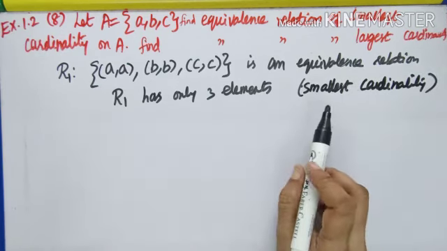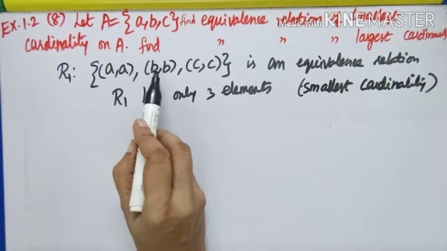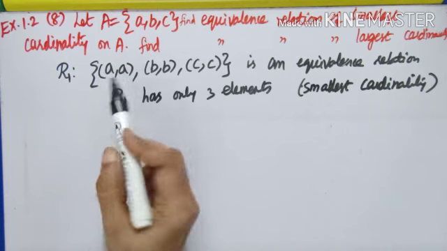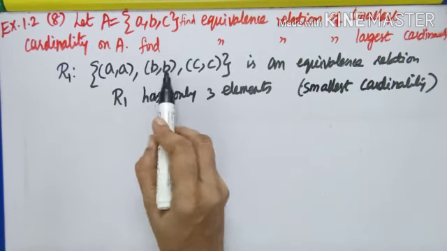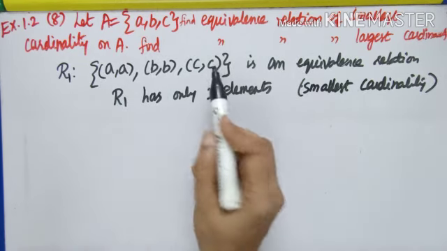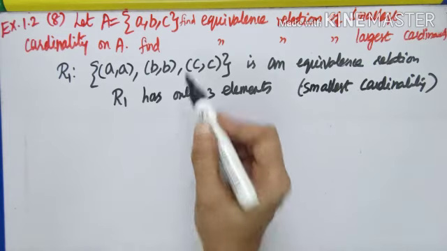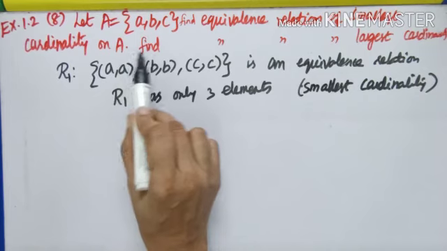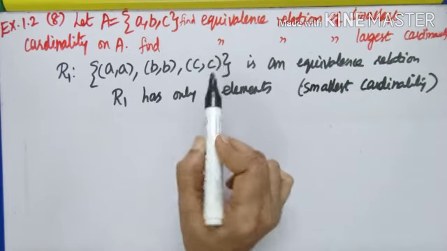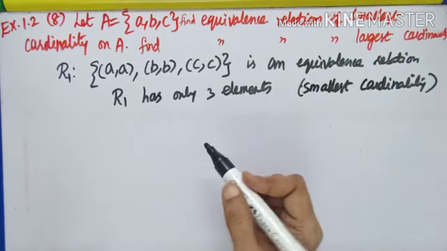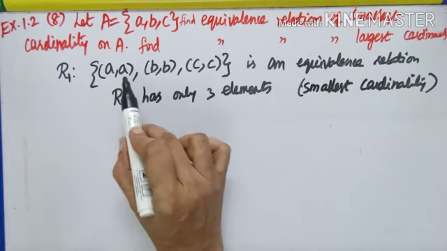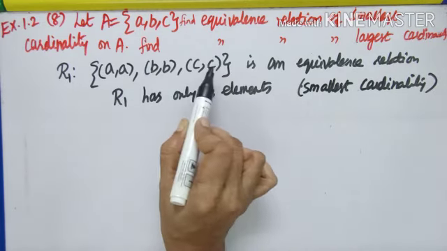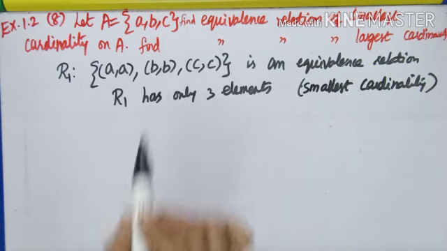Check whether it is an equivalence relation. (a, a), (b, b), (c, c). It is reflexive. Whenever (a, a) is there, the reverse (a, a), (b, b) reverse is also (b, b), (c, c) the reverse is also (c, c). It is symmetric. And there are no connecting elements at all to check transitivity. So transitivity should be checked only if a connecting element is there. There is no connecting with a at all, so it is always transitive.